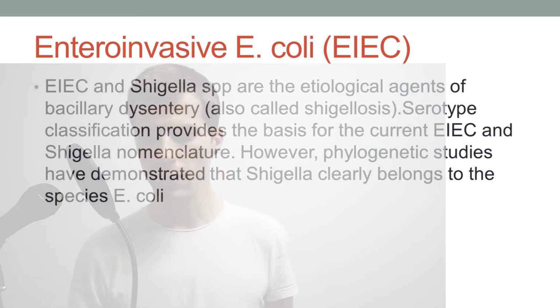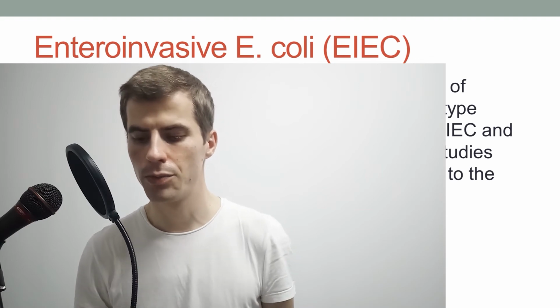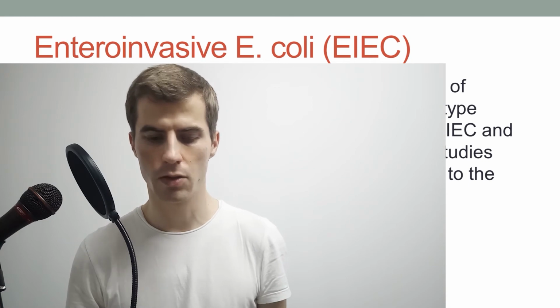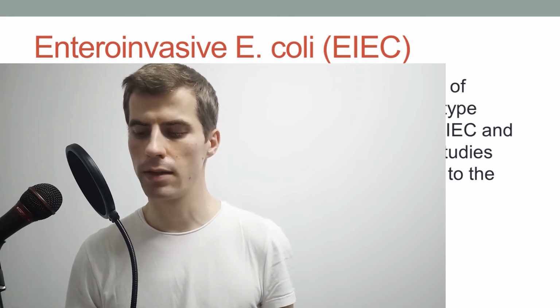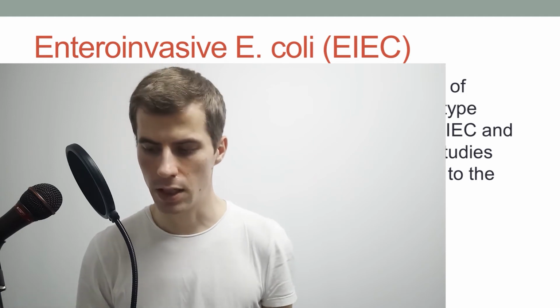Also, we have Enteroinvasive Escherichia coli. Both Enteroinvasive Escherichia coli and Shigella species are able to produce dysentery, which is also called shigellosis. So not just Shigella species are producing shigellosis or dysentery, but also Enteroinvasive Escherichia coli.